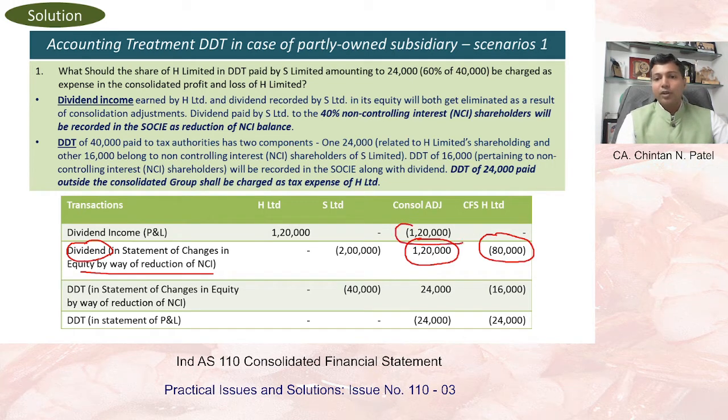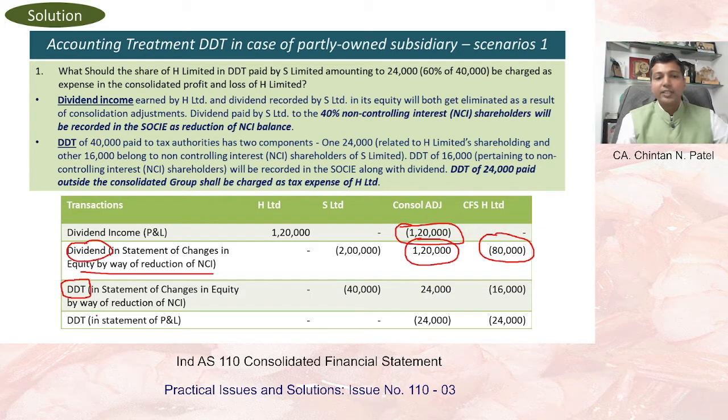Now let us focus and discuss the dividend distribution tax. The DDT is paid by the subsidiary company to outsiders, that is, the government of India. Once you consolidate, the dividend income has been knocked off, but the DDT is paid by the group to outsiders.